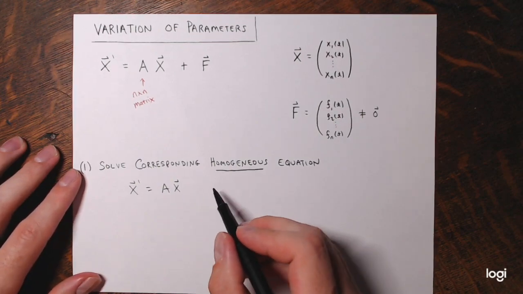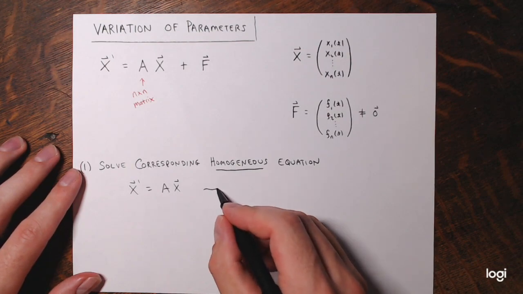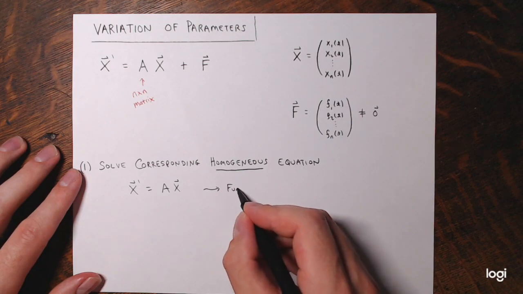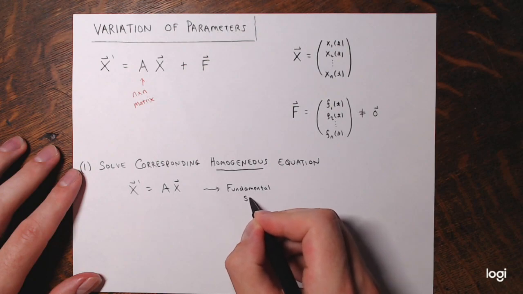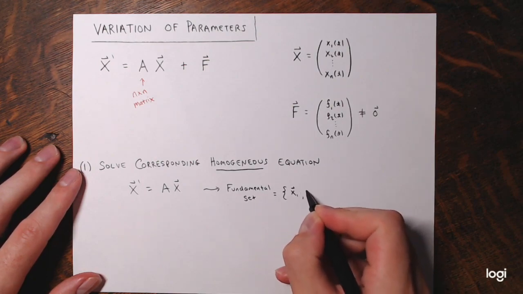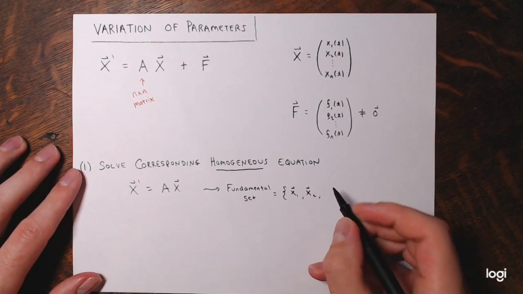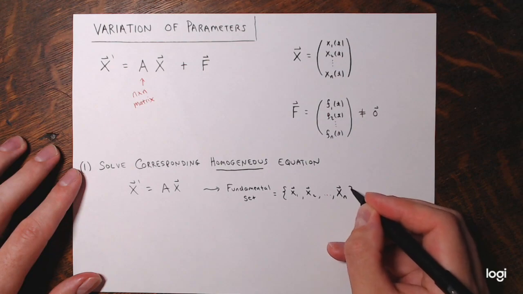Again, if this is an n by n matrix, you should be able to find a fundamental set of solutions, n linearly independent solutions, say vector x1, x2, all the way down to vector xn.